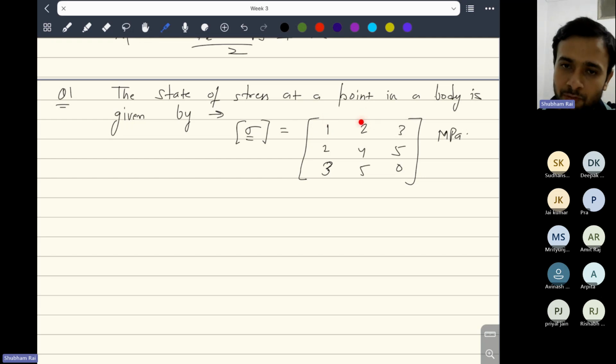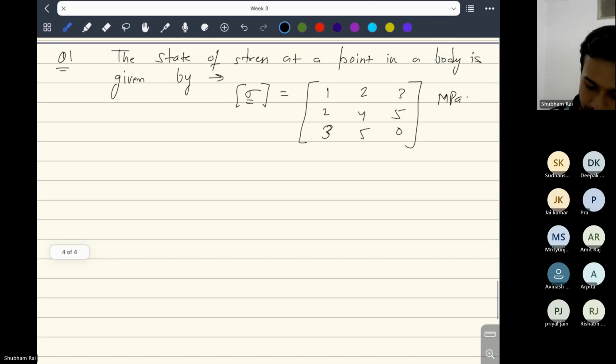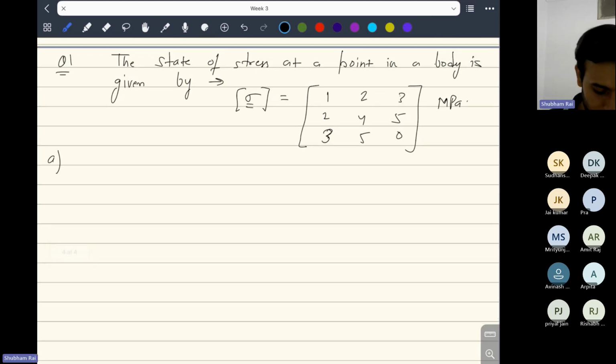This is the component of the traction vector on a plane having plane normal E2, and these are the components of the traction vector on a plane having plane normal E3. So the question is, we have to find what is the normal stress on each of the coordinate planes.